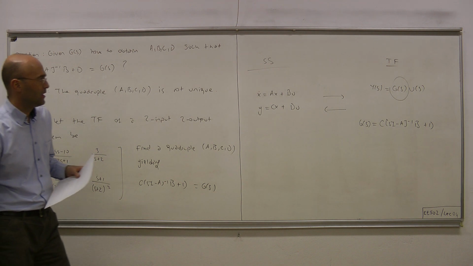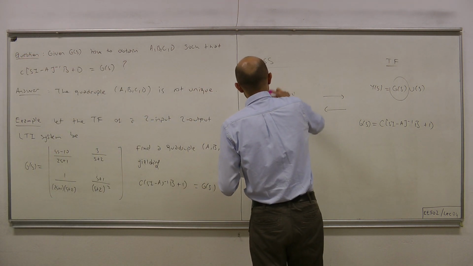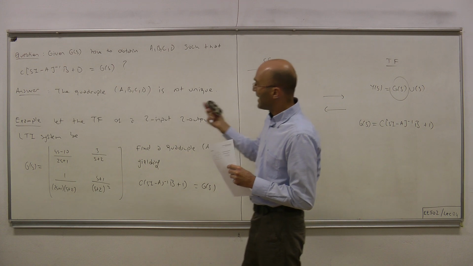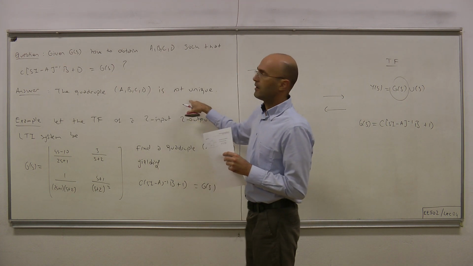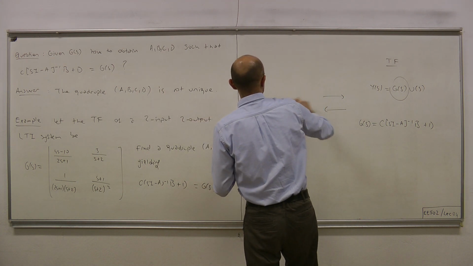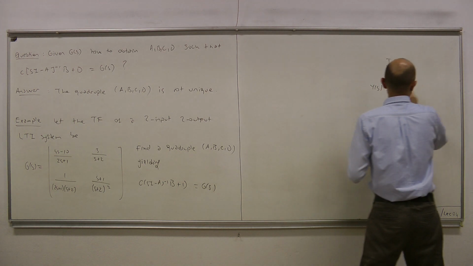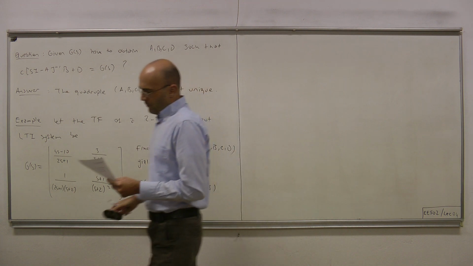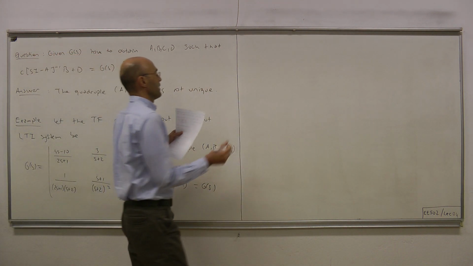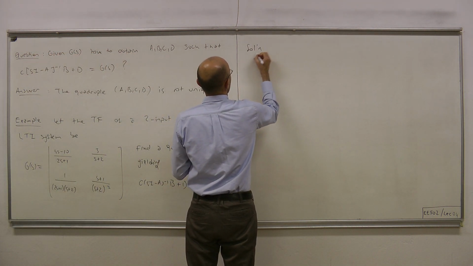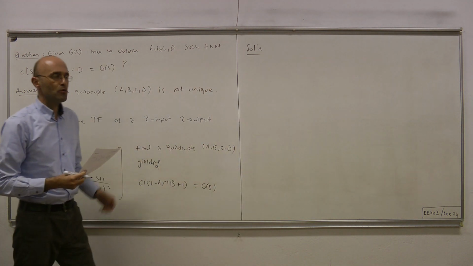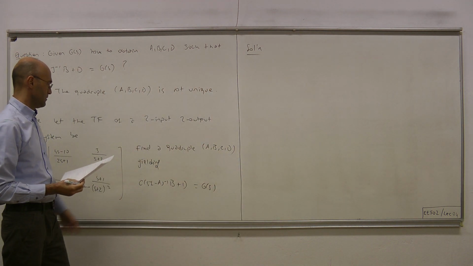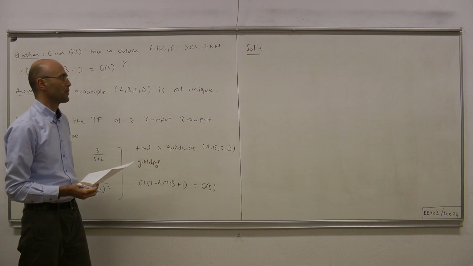Okay. Now here is a solution. It's a solution because the solution is not unique. Here is one systematic way that can be followed to obtain the quadruple A, B, C, D for a given transfer function.